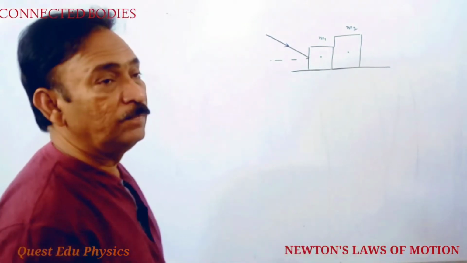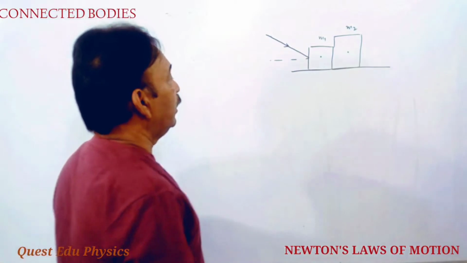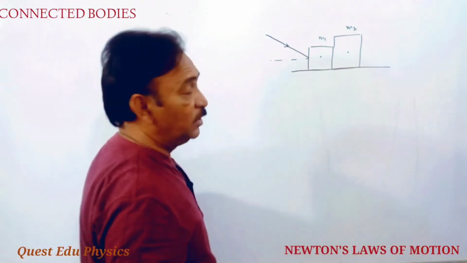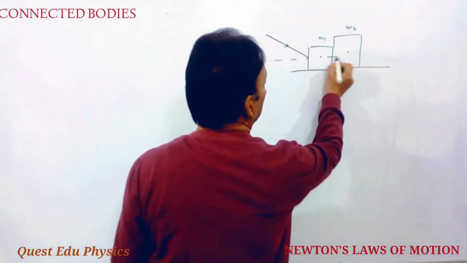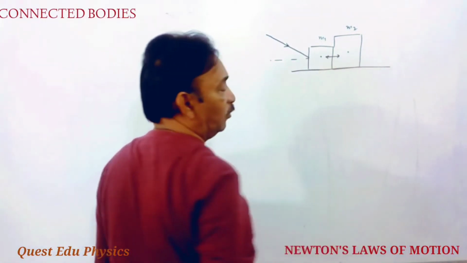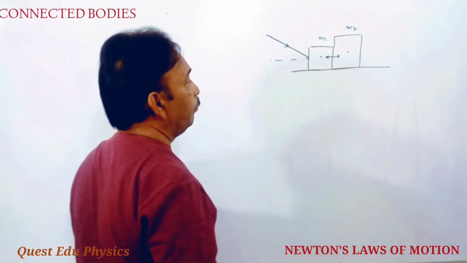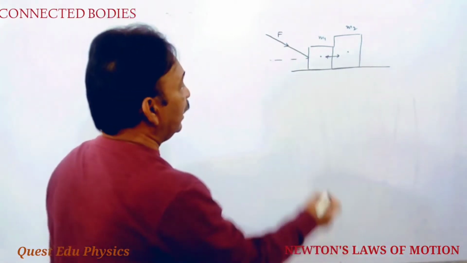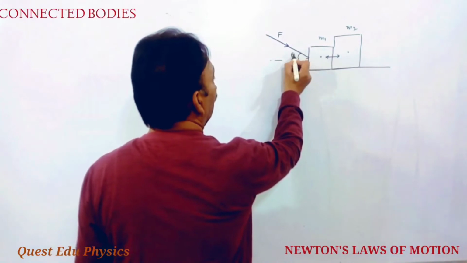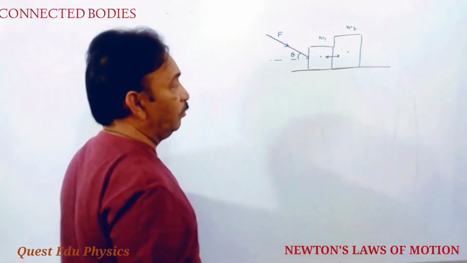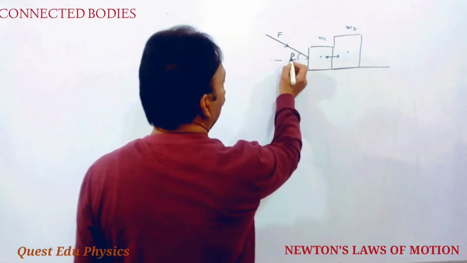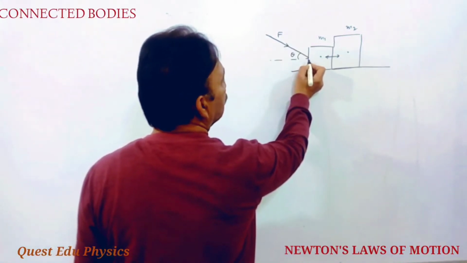Okay students, then he is asking us to find the acceleration of the system as well as the contact force. The force is acting making an angle of theta with the horizontal.